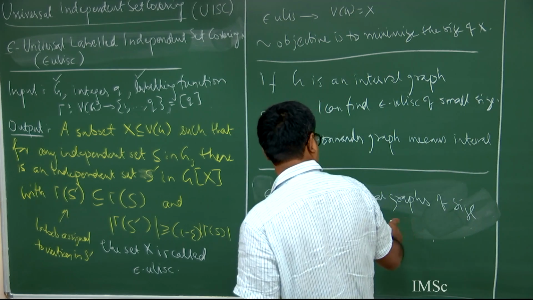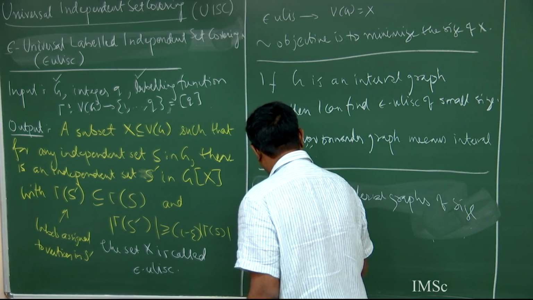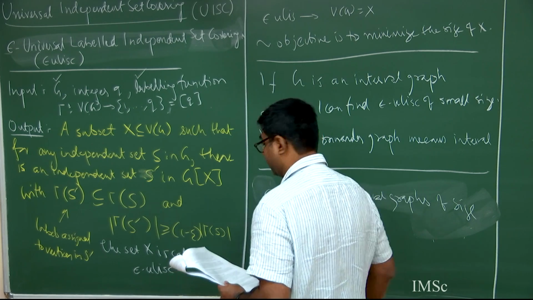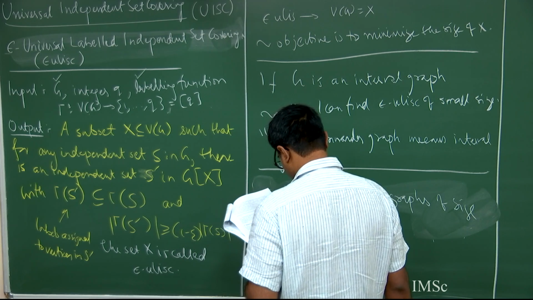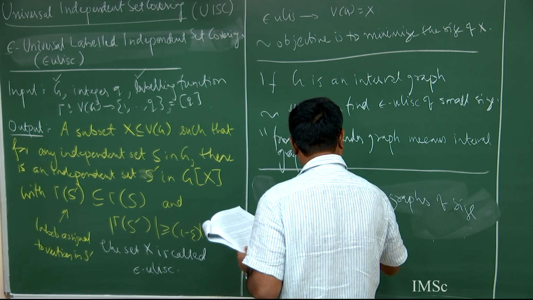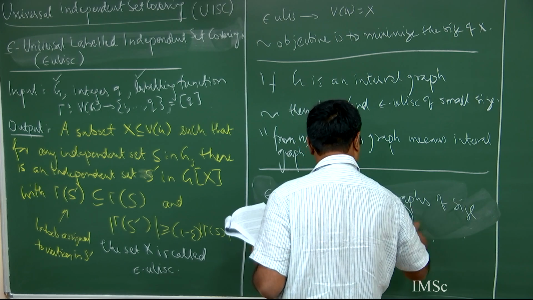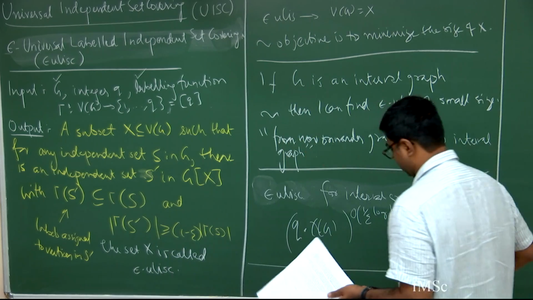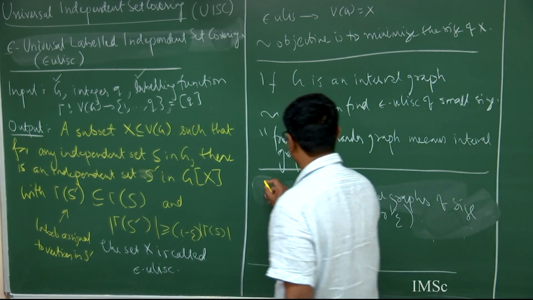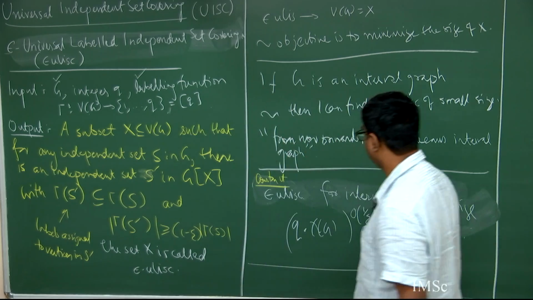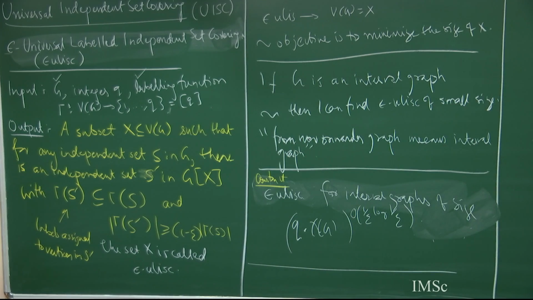For interval graphs of size q times chromatic number of G to the power order of 1 over epsilon log 1 over epsilon.